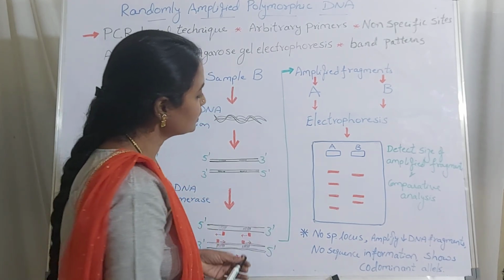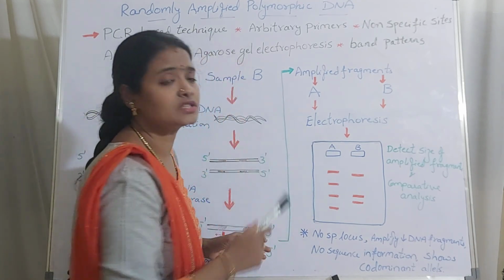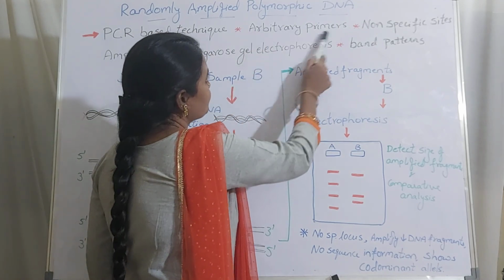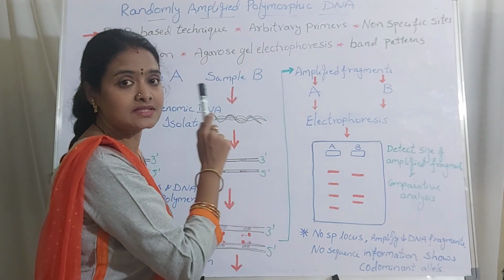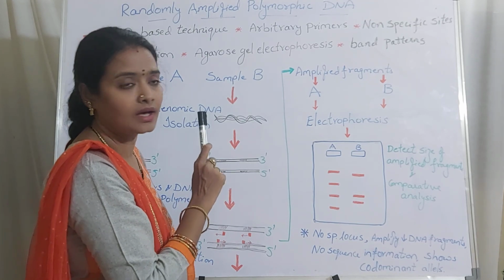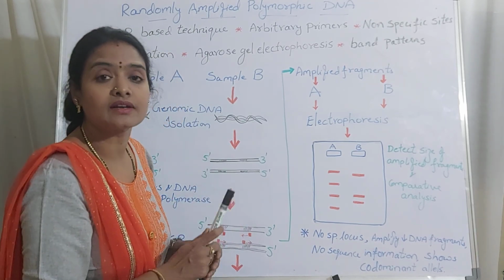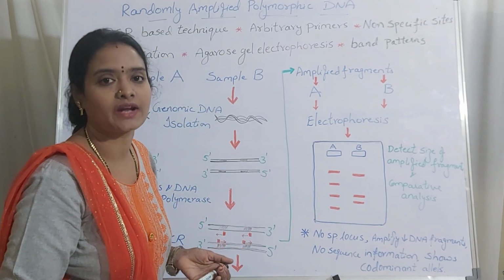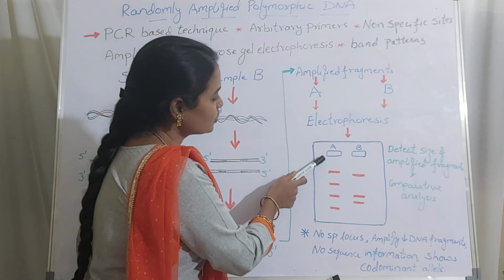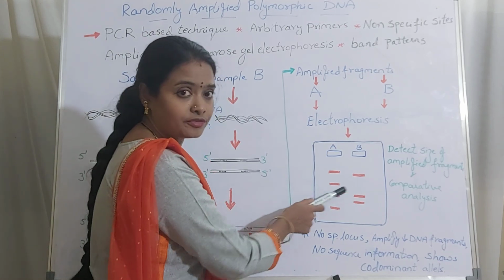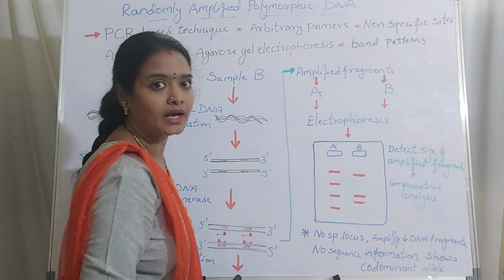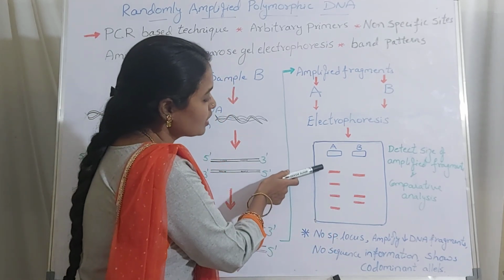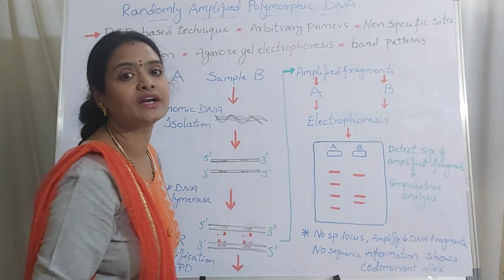That means what? Here in the complete genomic DNA, suppose I can say that the synthetic primers which are produced have gone and bound to certain sites and resulted in formation of these 4 different sized fragments. Right? So now you can see the band pattern is different for animal A and also for animal B. So like this you can compare them and also compare the size of the amplified fragments.